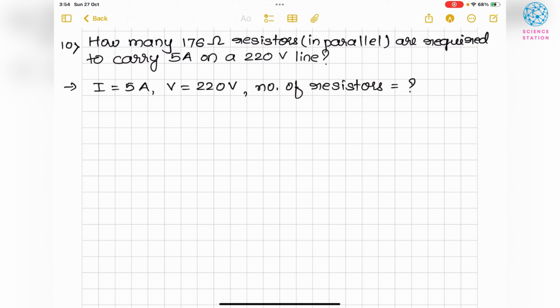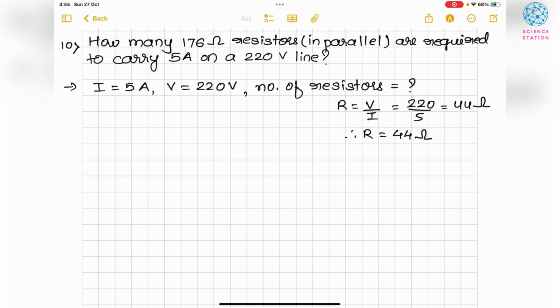Now first of all, R will be equal to V upon I. So that will be 220 upon 5. So that is 44 ohm. So therefore total R should be 44 ohm.